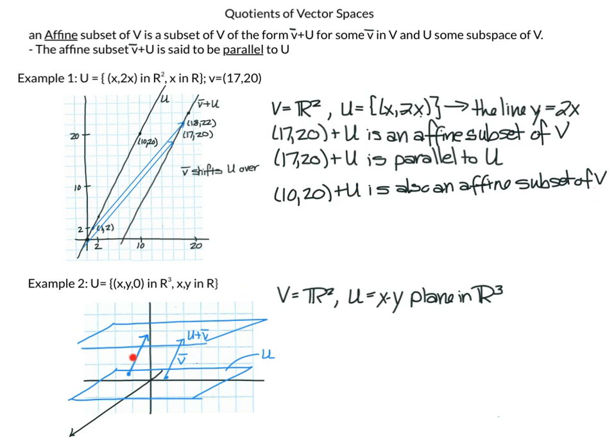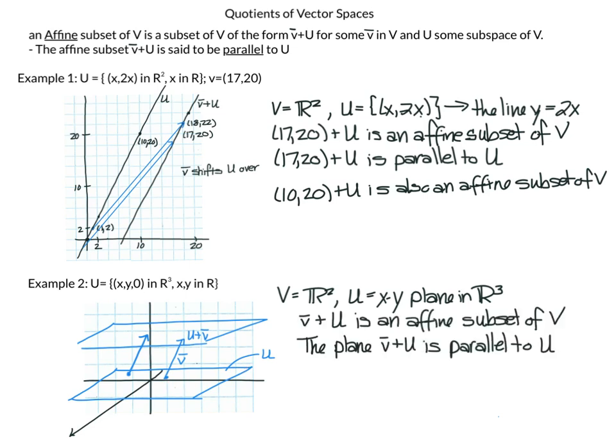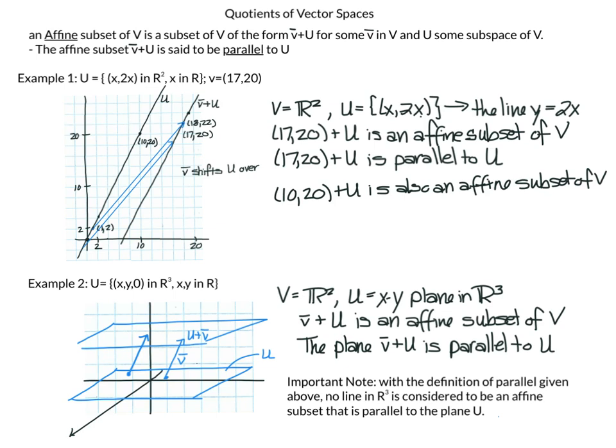Now looking at this example, our plane, our vector v plus U is an affine subset of V, and the plane v plus U is parallel to the plane U. We have this important note here.